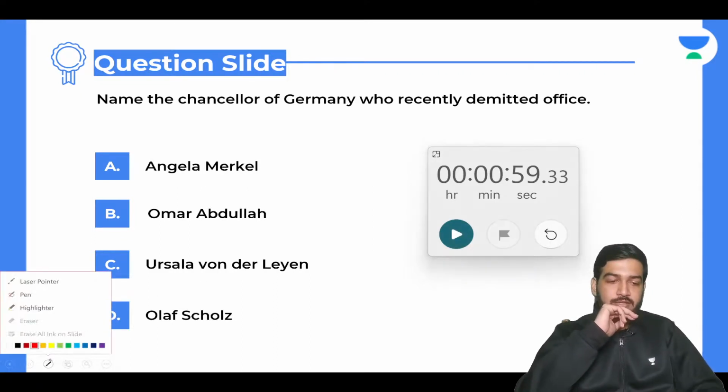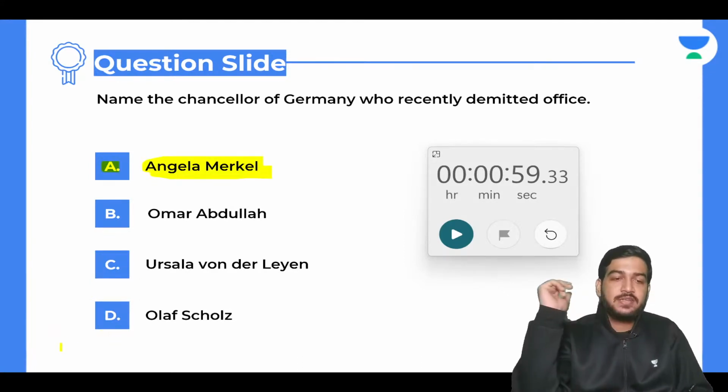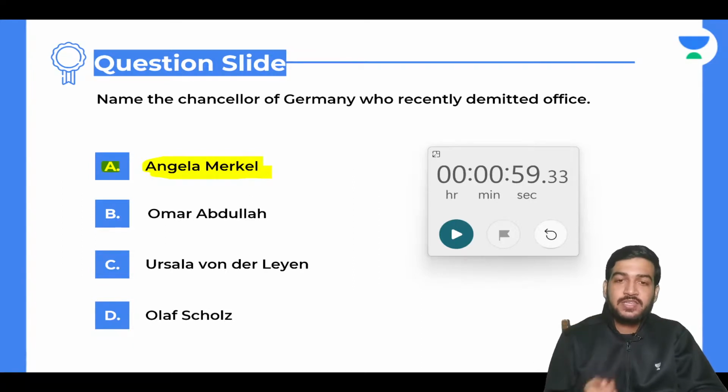So the answer to this question is A. Angela Merkel. After 16 years as Chancellor, Angela Merkel will step down. She had decided to not run for office. Her health had deteriorated, especially during her trip to India. When she was receiving the salute from Indian soldiers, she was shaking, and that is when she almost fainted.